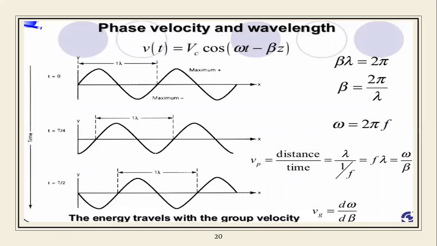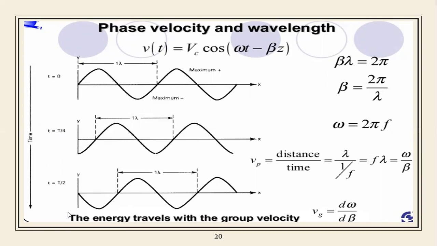So how the phase velocity and the wavelength we can find here: the sinusoidal waveform is there, and we can find the wavelength, that is nothing but lambda. Here see the maximum and minimum values of the waveform when t is equal to 0, and whenever small t is equal to capital T by 4, or small t is equal to capital T by 2, that is lambda by 4 or lambda by 2.